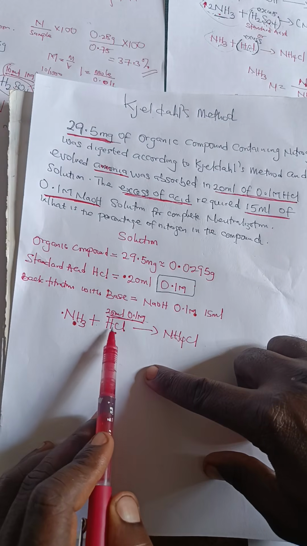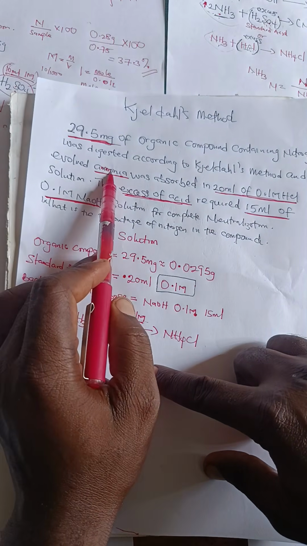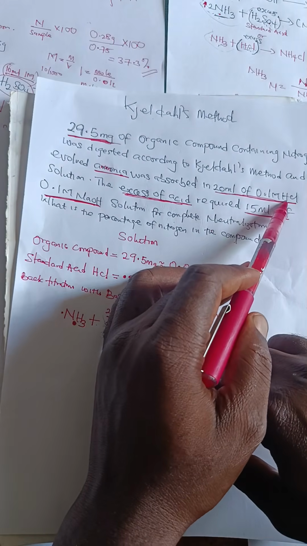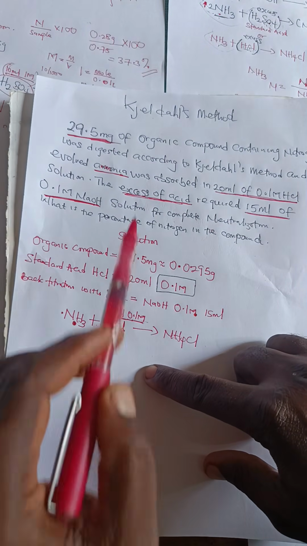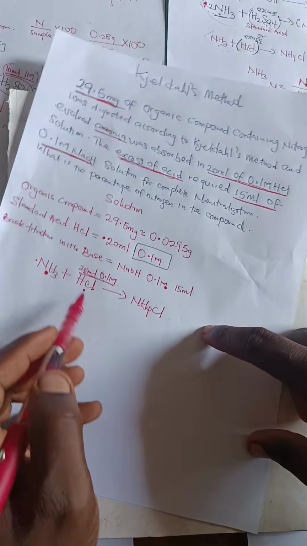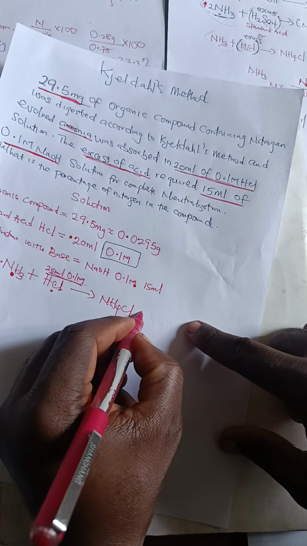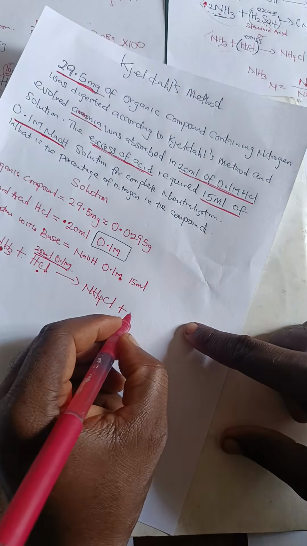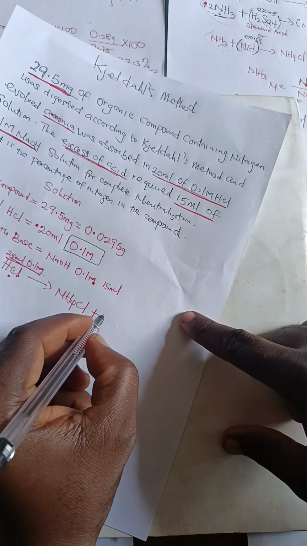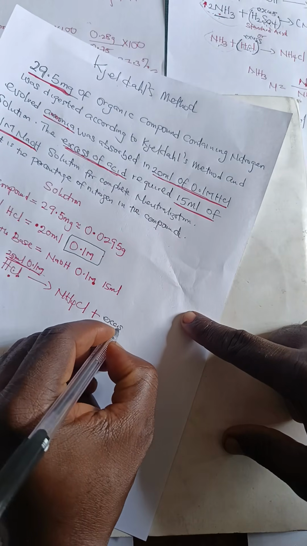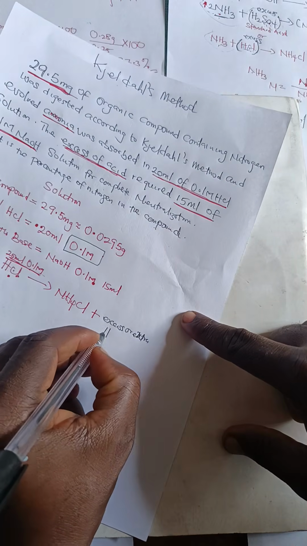The evolved ammonia was absorbed in 20 ml of HCl. Meaning when the ammonia that was evolved reacted with the HCl, the excess HCl will form ammonium chloride plus, let's say, imaginary excess or extra HCl.